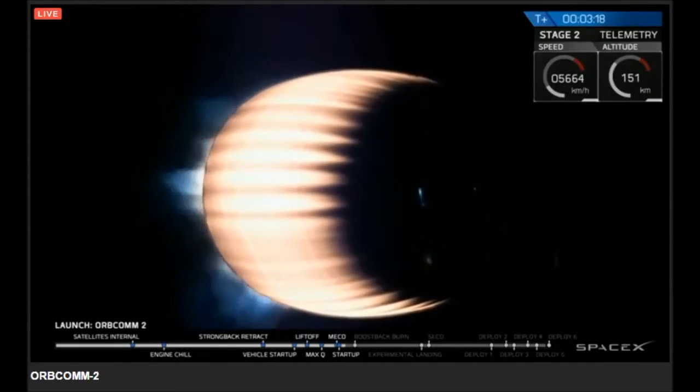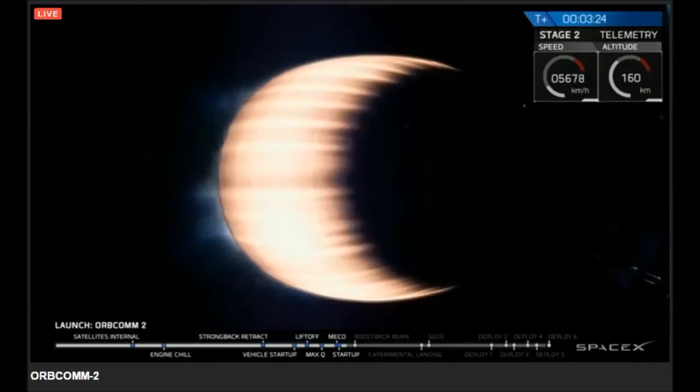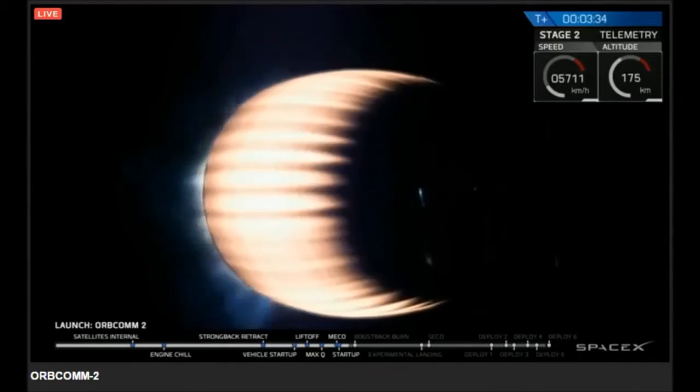The first stage will soon begin its series of 3 burns to head back towards Cape Canaveral. First, it will reorient itself using cold gas thrusters. It will perform 3 more burns as it approaches landing zone 1.